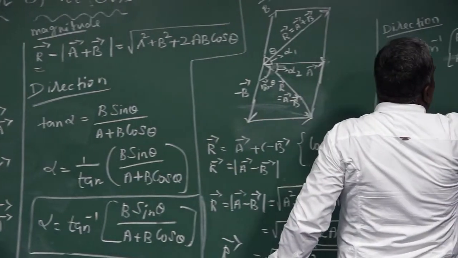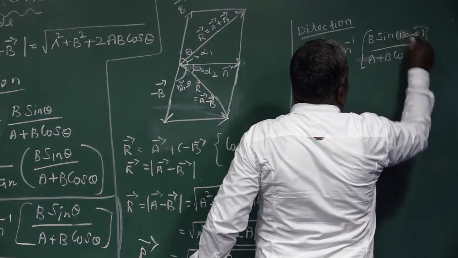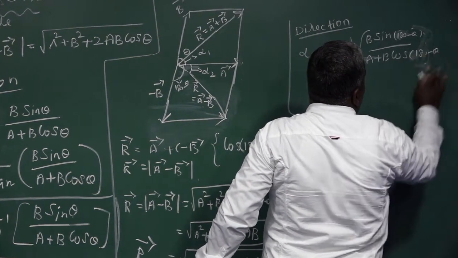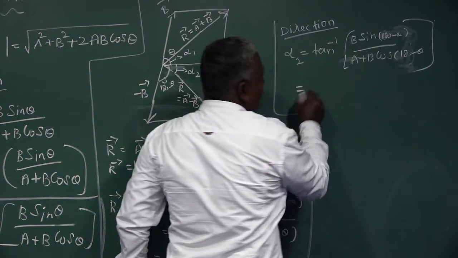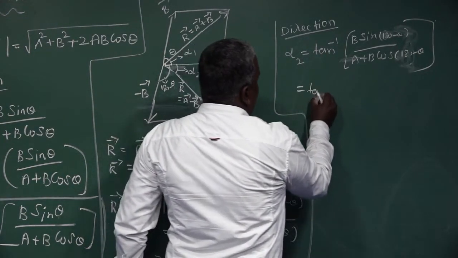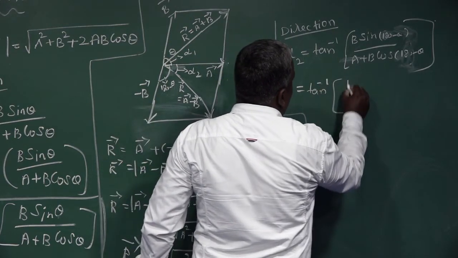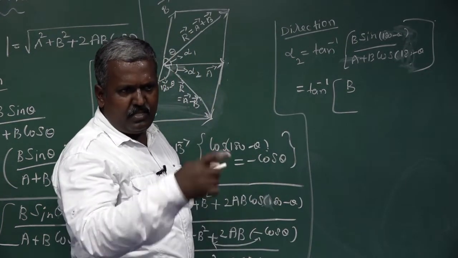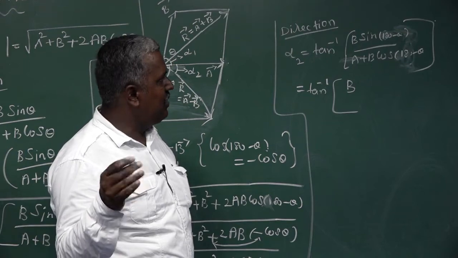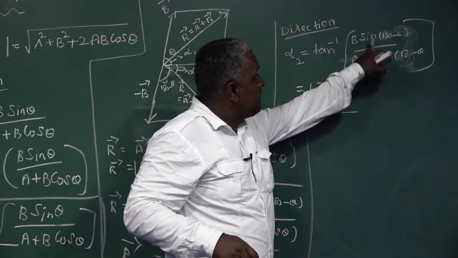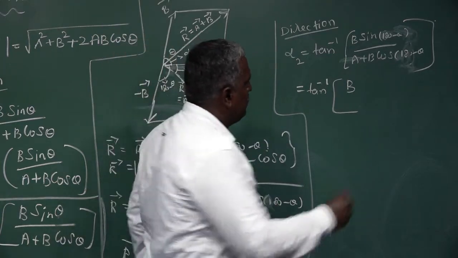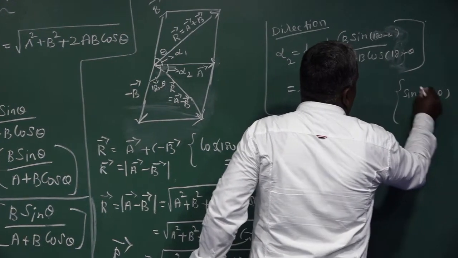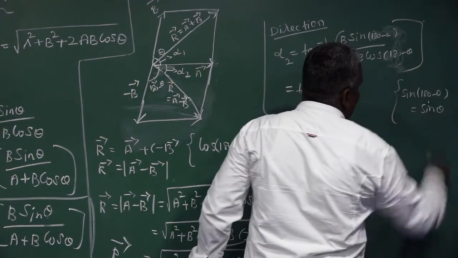So 180 minus theta here also. Tan inverse of B sin 180 minus theta. You already studied this in mathematics: sin 180 minus theta is equal to sin theta.